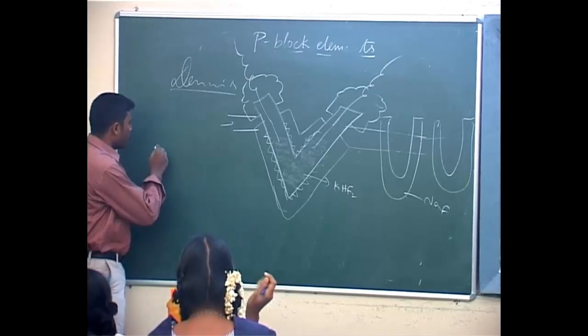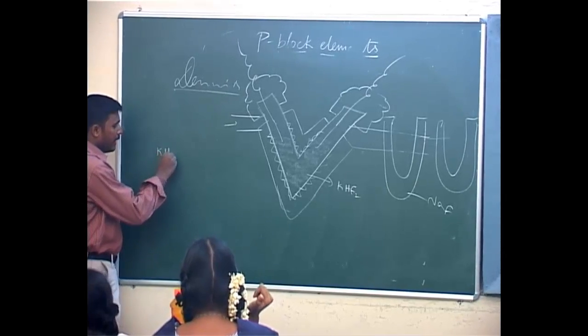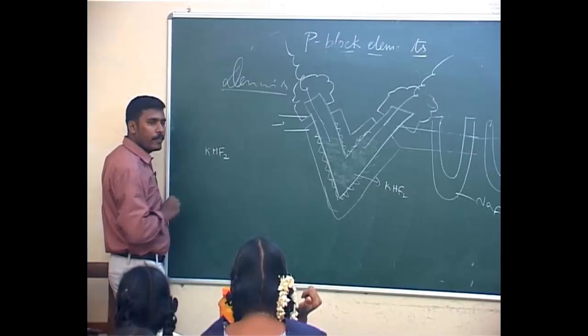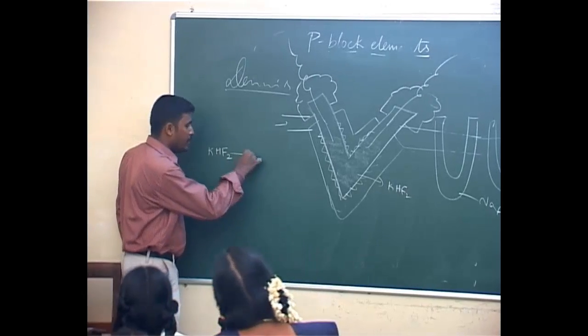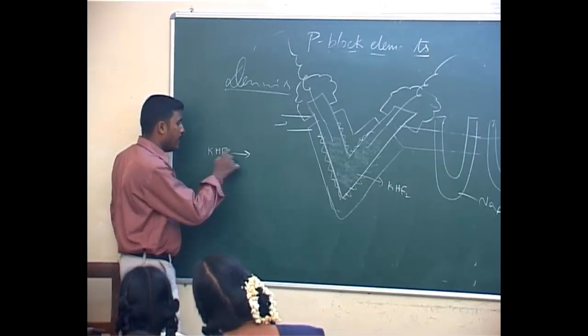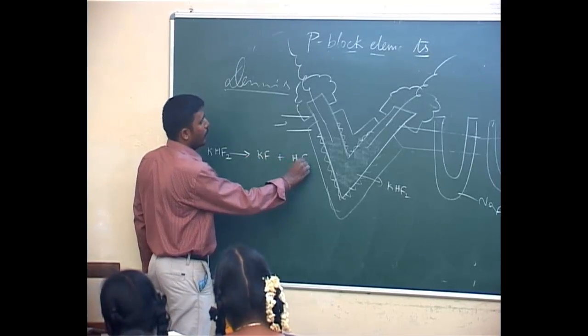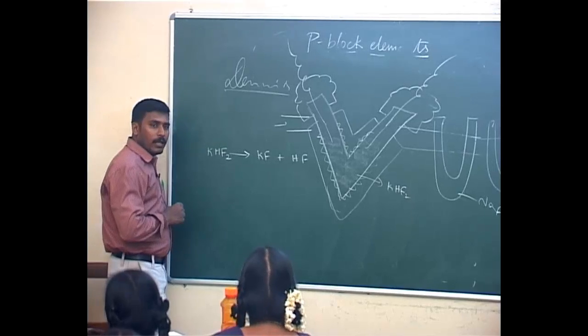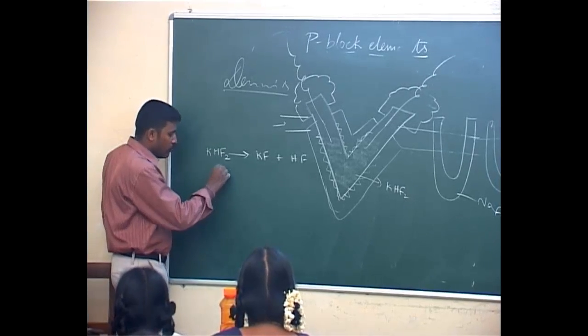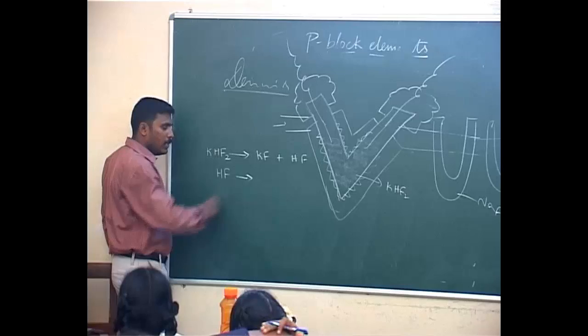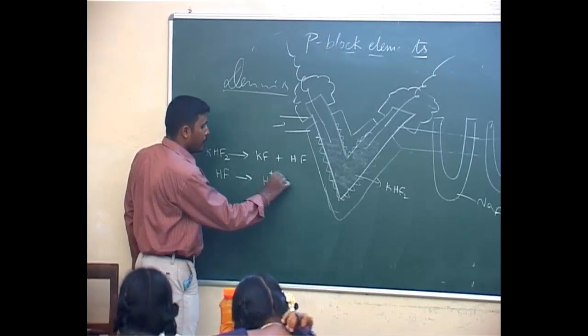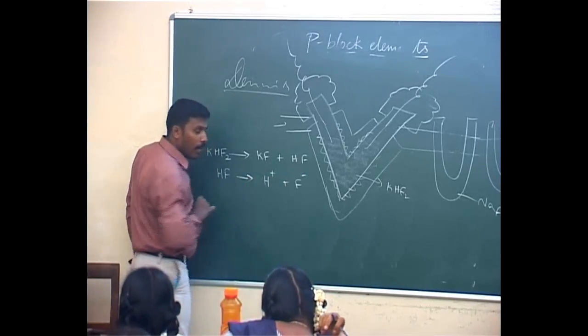Listen. Potassium hydrogen fluoride undergoes electrolysis. It gives KF and HF. Now this hydrogen fluoride will decompose. It gives H plus and F minus.